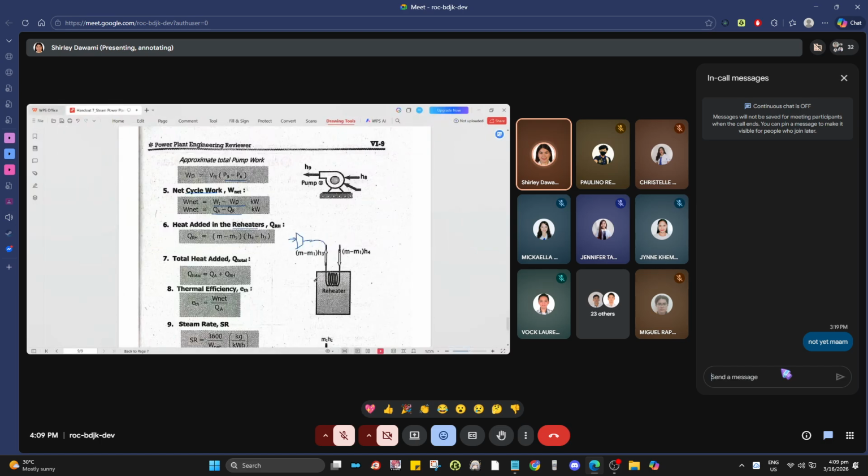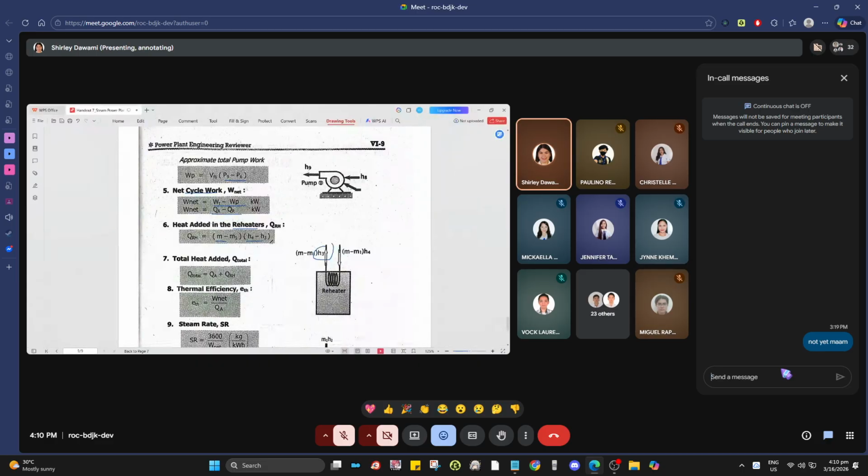Just refer to the drawing, the illustration. Okay, this H3 is what comes from the turbine. The inlet is H3, and the outlet is H4, right? H4 minus H3. So M minus M1 times H4 minus H3.